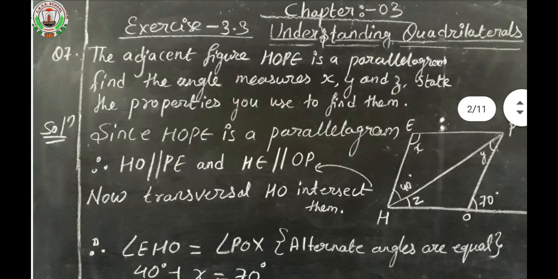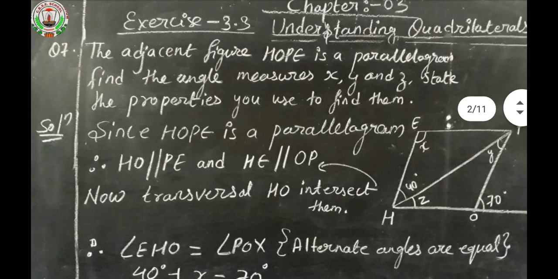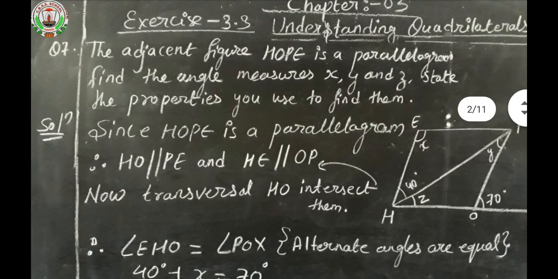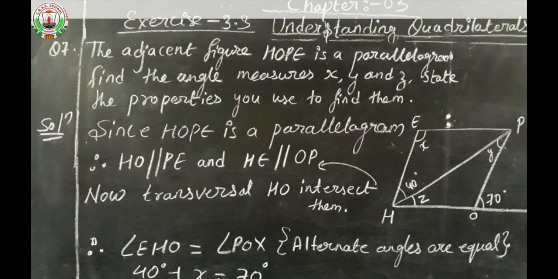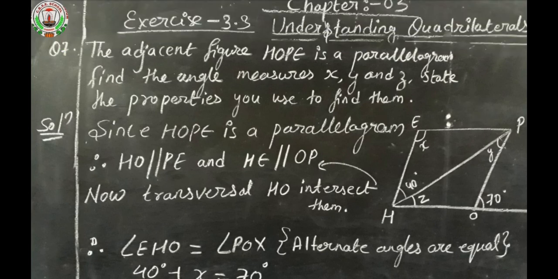Now let's see question number 7. What does question number 7 say? The adjacent figure is a parallelogram. Find the angle measures x, y and z. State the properties you use to find them. That means you have to tell which property is going to be used.